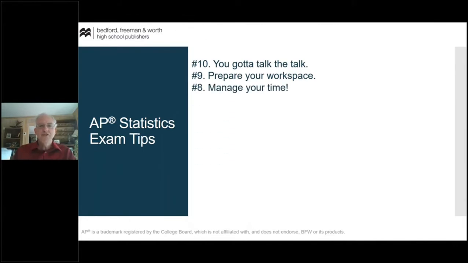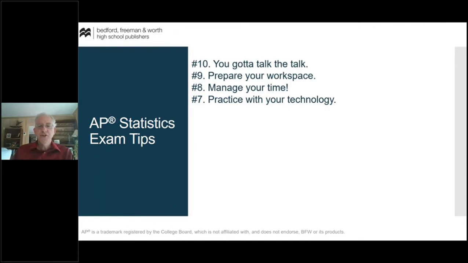Number 8, manage your time, especially important this year, where the countdown timer will be showing on the screen, and you'll know when you're down to the 5 minutes left for uploading on each of the 2 questions. Number 7, again, especially important this year to practice with your technology. This time we mean the technology you're going to use to access the exam and the technology you're going to use to capture your response to submit for the exam.